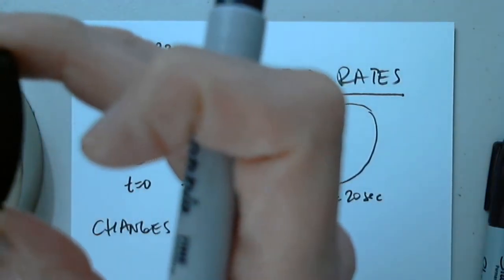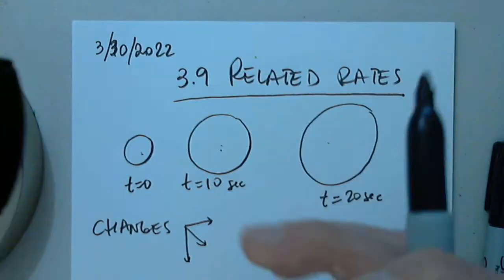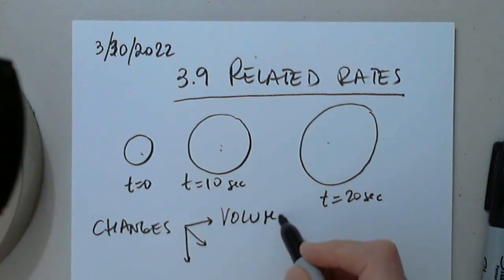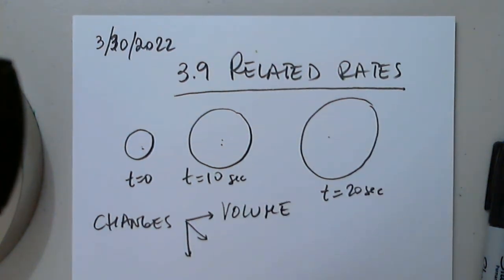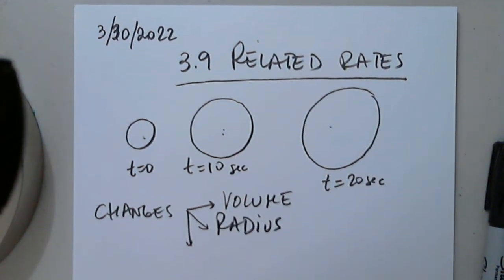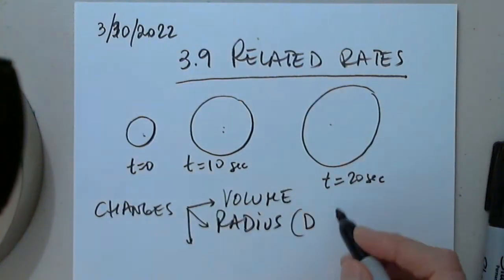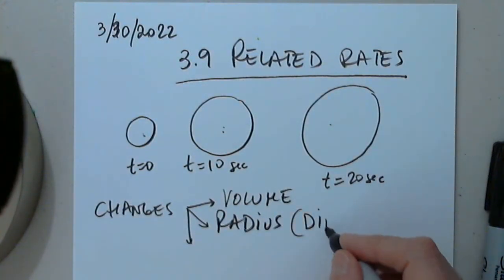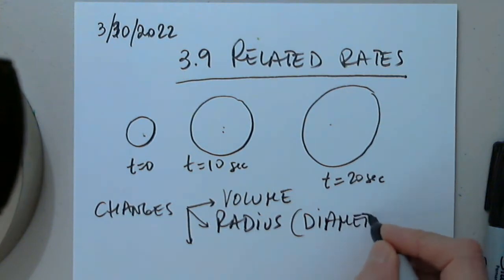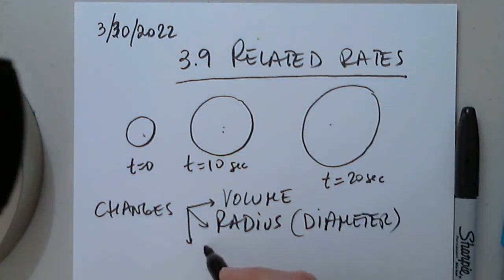The size? Yes, so you mean the volume. Good. What else? The radius? Excellent. What else? You can say the diameter, but this is 2 times radius, right? What else?